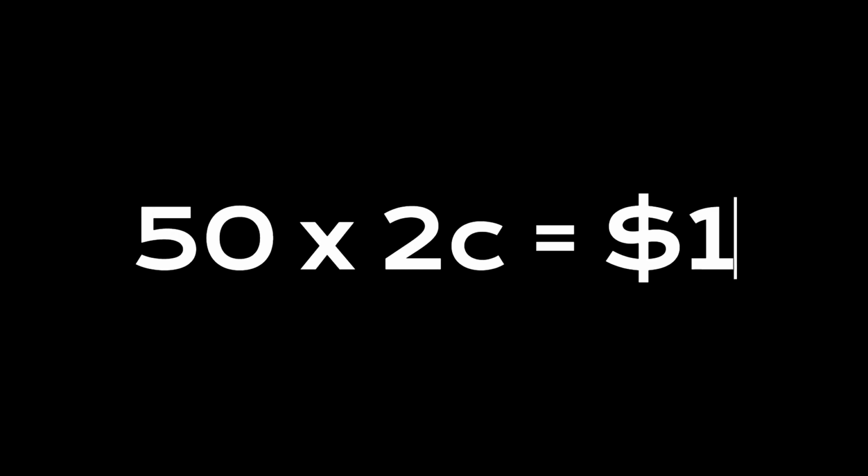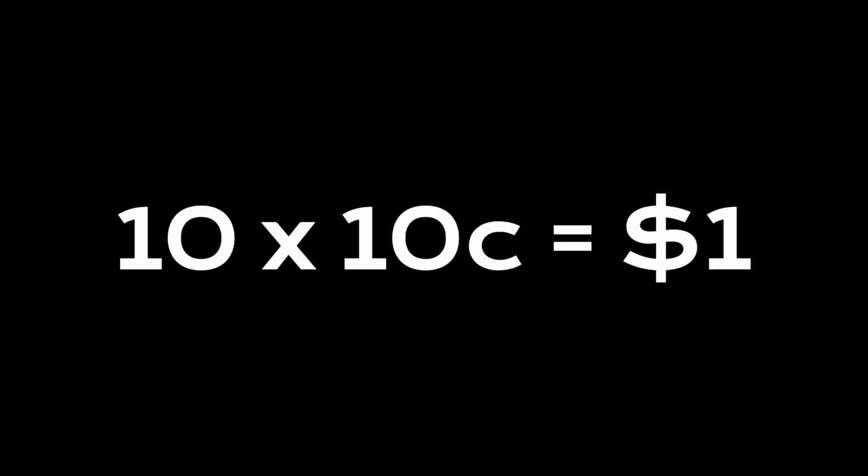There are 100 ones in $1. There are 50 2s in $1. It's 100 divided by 2. Then we have 25s in 100 cents, which is $1. 4 25s give you 100. 10 tens will make 100.